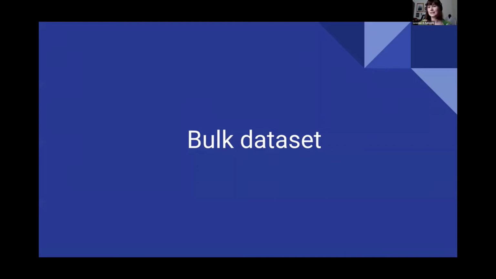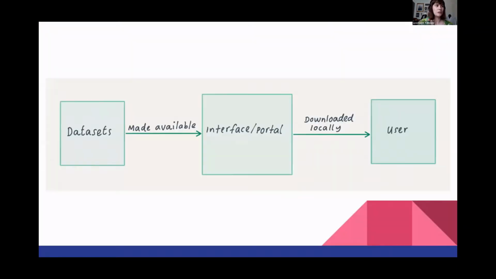The bulk data set is the first one where you do make material available to your users, and this is through a data set. As a little model to showcase it, the digital preservation practitioner or the organization will make a self-contained data set, which they then make available through some type of interface or portal.